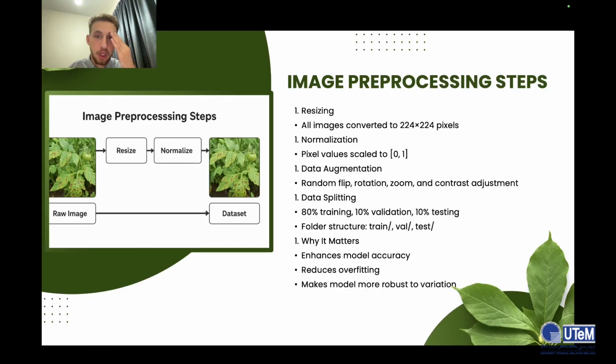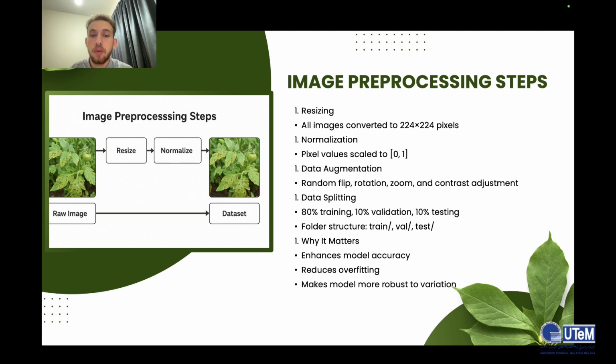The next slide talks about the image pre-processing steps. The first step is resizing. As I mentioned in the last slide, we resize all 80K images to 224 by 224 pixels. The second step is normalization. Pixel values are scaled to 0 and 1.